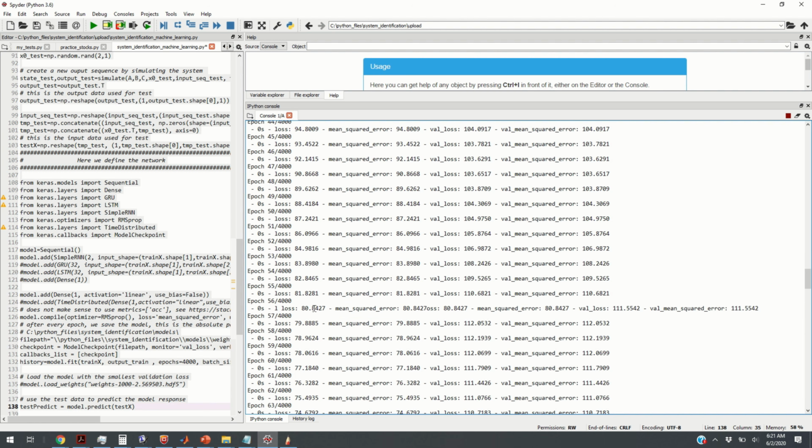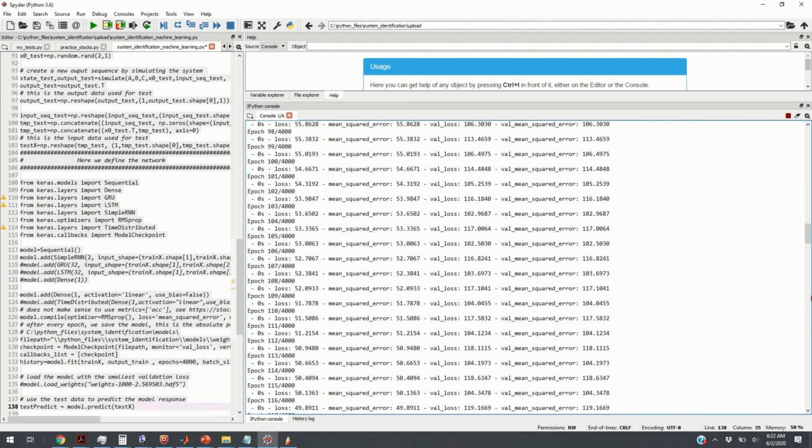This is the training loss and mean squared error, and this is the validation loss and validation mean squared error. And you can see here, for example, that the training loss is smaller than the validation loss.